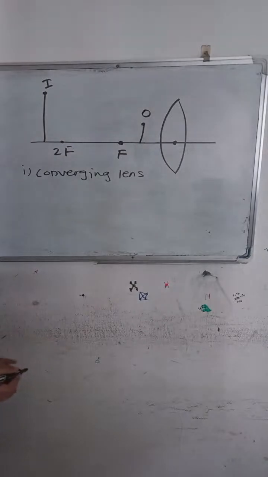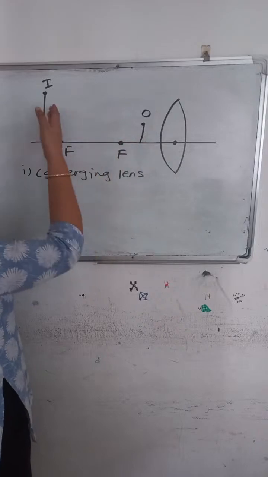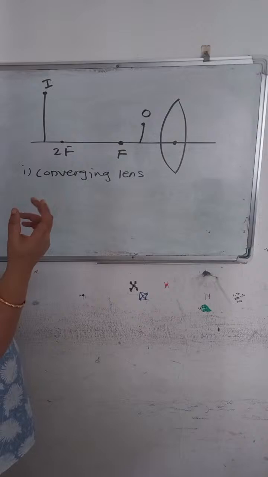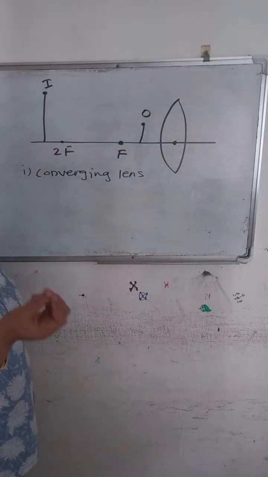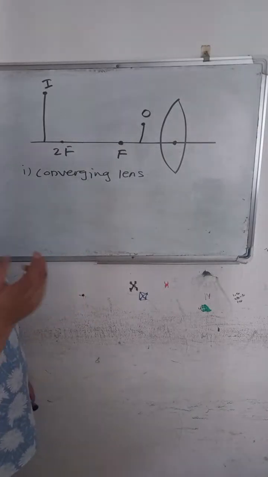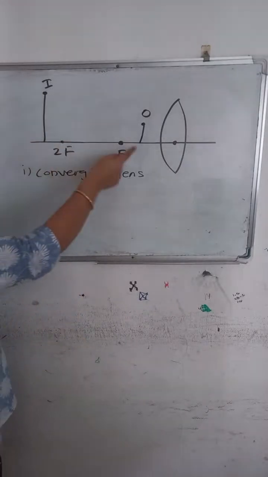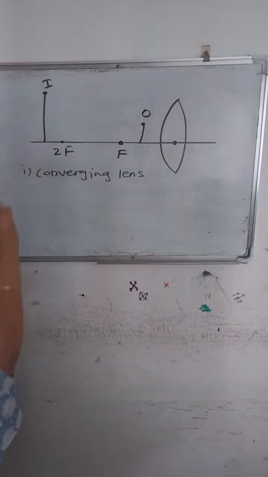Second, they are asking to name two optical instruments where such images are obtained. The object is small and we got a magnified image. So where are we using this kind of lens? In a microscope, because very small particles which we cannot see with our naked eyes, we can find out by using a microscope.